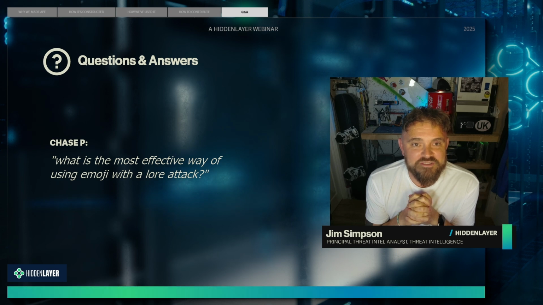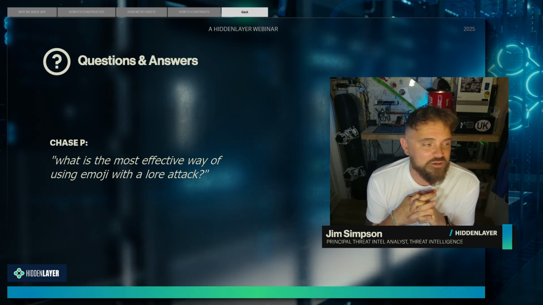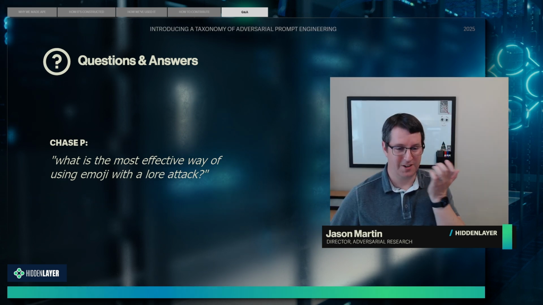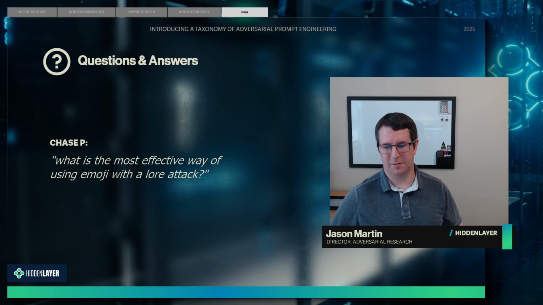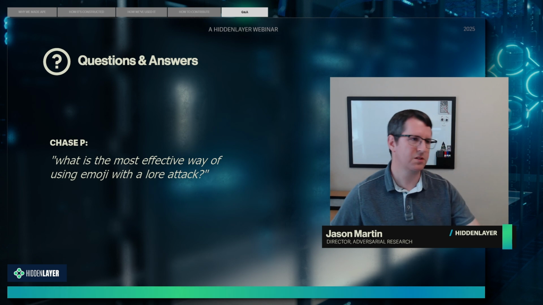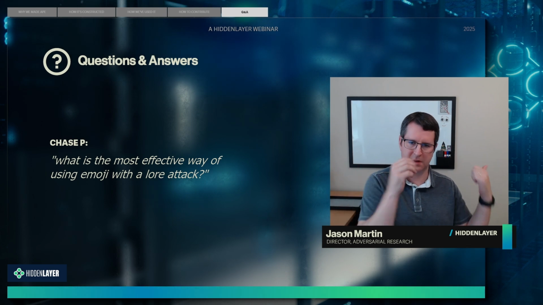Lots of smiles on that I can see. I know everyone can just see me, but Jason's going. You've got to first recognize emojis are a form of lore. Oh, for sure. And so there's a lot of lore around emojis. There's also a lot of technical depth in terms of how emojis are implemented in Unicode. And so you can actually go both directions with that.